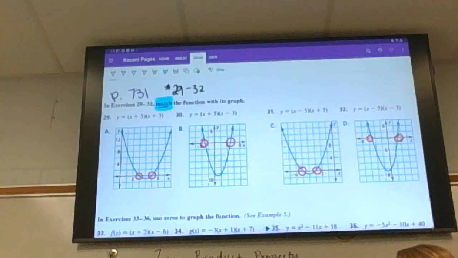Guess I'll do the first one, and then I'll let you guys work a little bit. I'll make this one equal 0 because I'm going to look for an x-intercept. And this number 29 will have an x-intercept at -5. So I need to find the point (-5, 0).